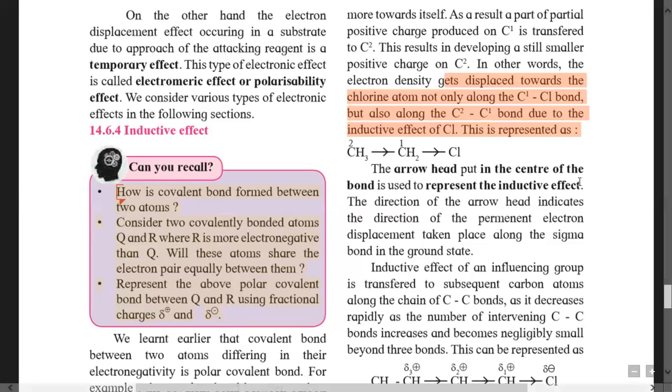But here the difference is that carbon 1 has a delta positive charge of more intensity than the carbon 2 positive charge, and in this way, as the distance from the polar bond increases, the intensity of this inductive effect decreases.